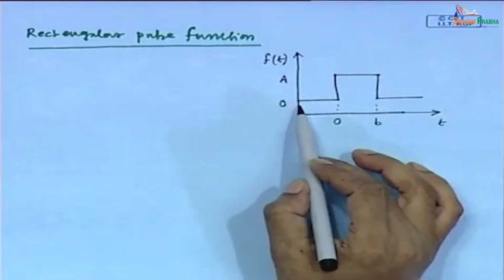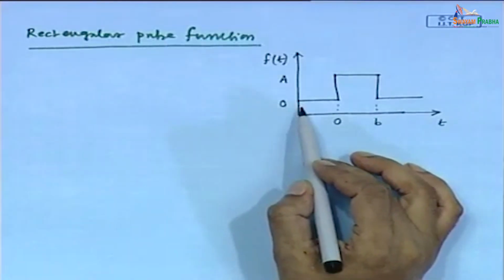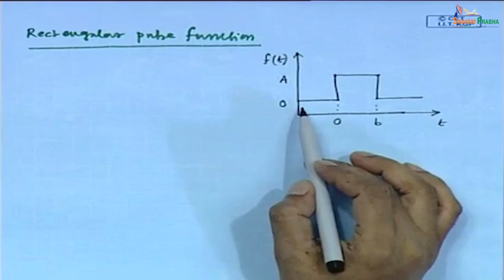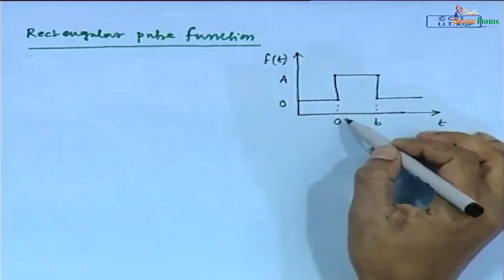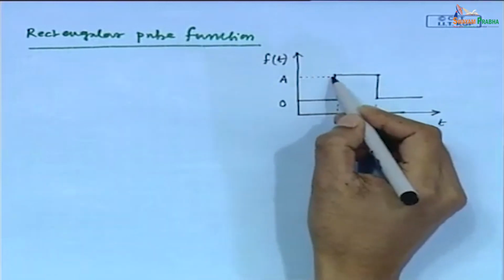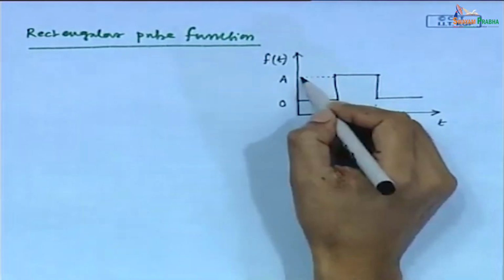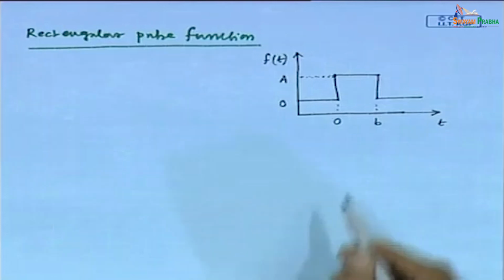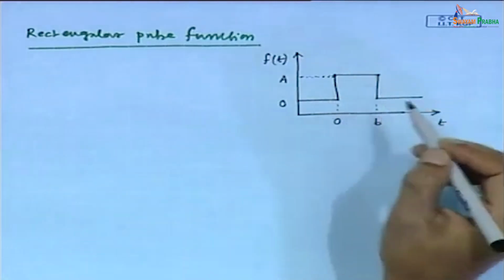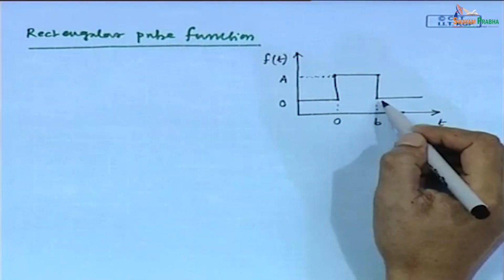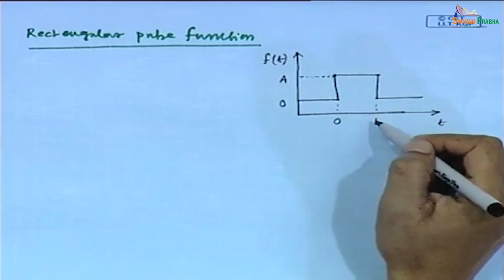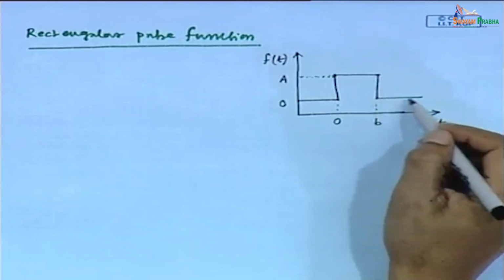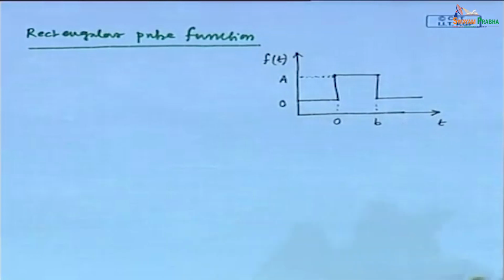Initially f t is 0, that means the process is at steady state. Then at time t equals to 0, the input function changes by magnitude A, then it remains there for a time duration of B, and finally it returns to the old value.